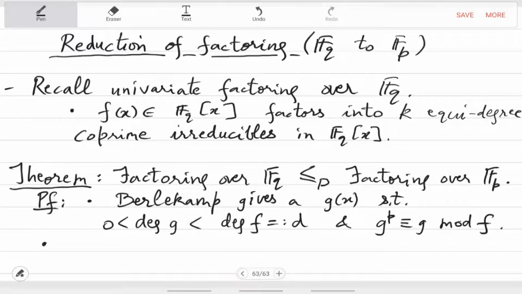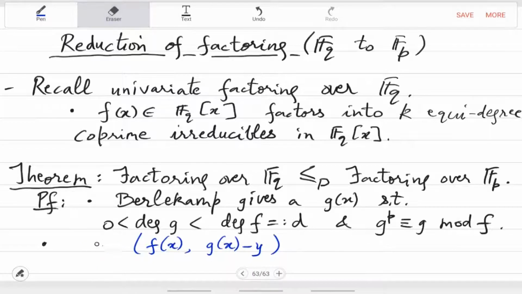The second step, which was taking the GCD of F(x) with G(x) minus y, varying y from 0 to P minus 1, we will now not do. Instead, we will look at the resultant.